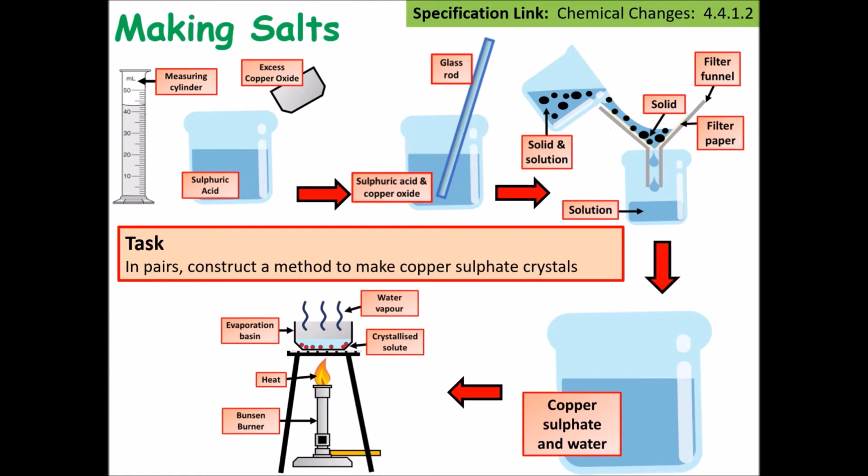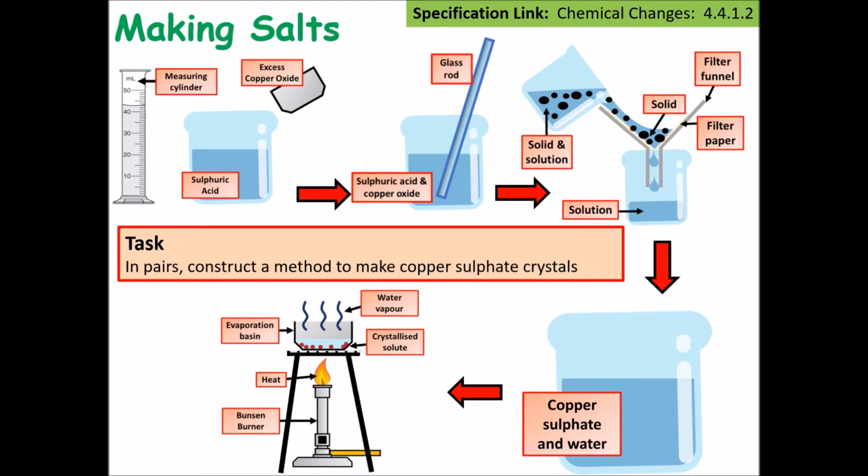So to very quickly run through how we would prepare some crystals of copper sulphate, you'd first react excess sulfuric acid with excess copper oxide. You would then stir for as long as possible, but no less than 3 minutes.